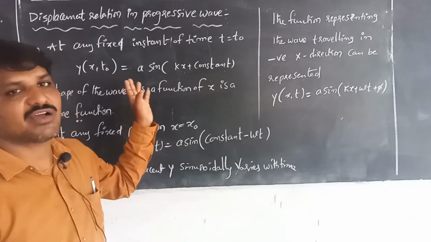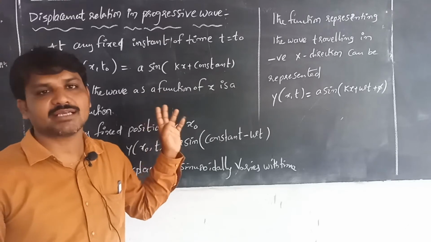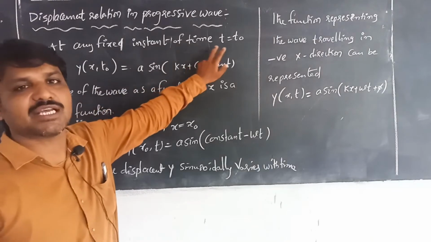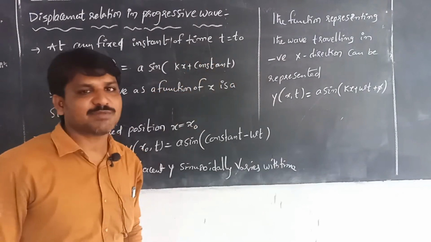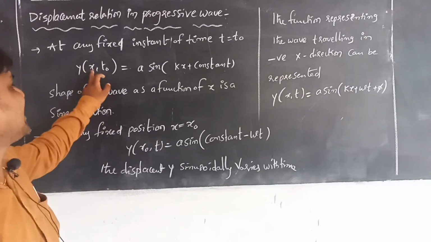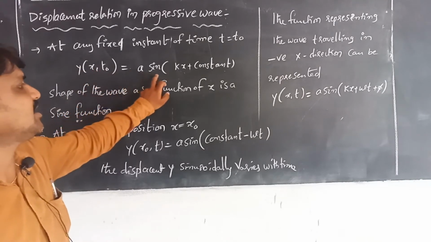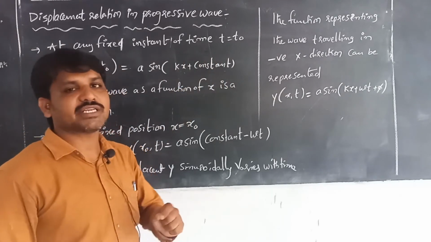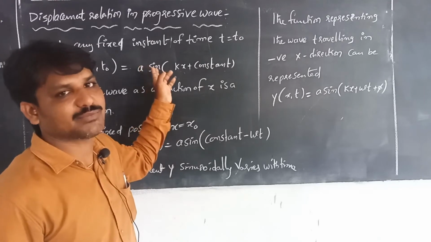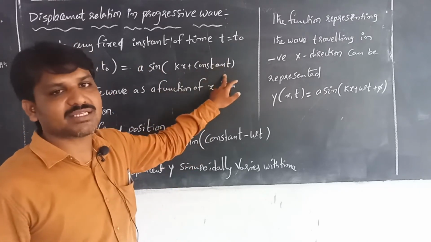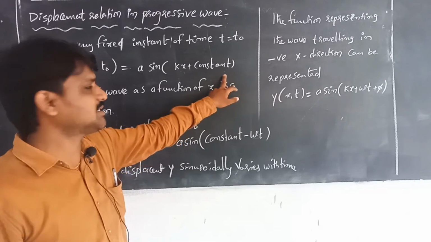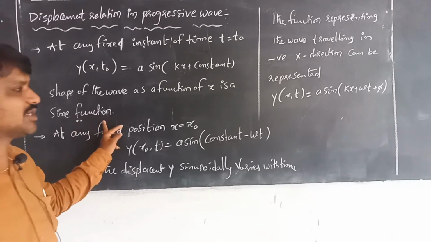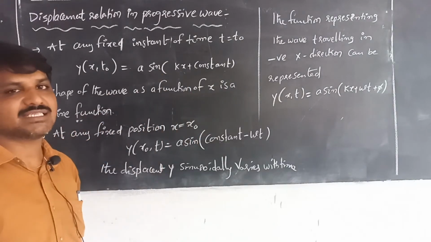At any fixed instant of time t = t0, the displacement relation becomes y(x,t0) = a sin(kx + constant). Here t = t0 is a fixed instant of time, so the term ωt plus the phase angle also becomes a constant. The shape of the wave as a function of x is a sine function.